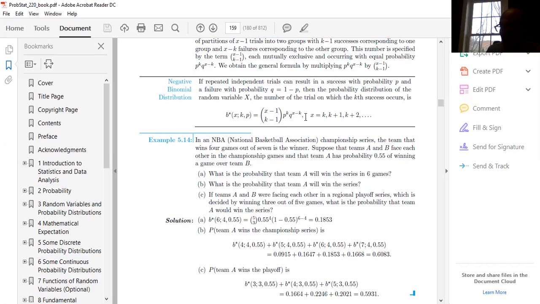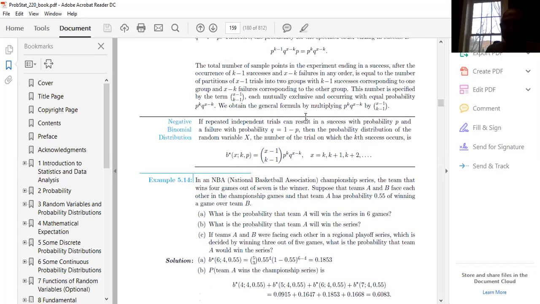In the binomial distribution, it started with 0, then 1, 2, 3, and so on. Here we start with K plus 1, and that's the reason the distribution is called the negative binomial distribution.